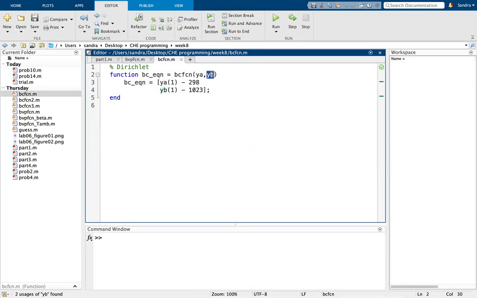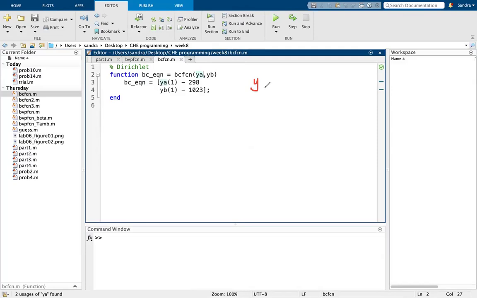But the first variable, YA, corresponds to the first boundary, and YB corresponds to the last boundary, that is the other end of the road. YA and YB, again, will have two entries. This is something that is very tricky. You need to understand that, so let me take some time to explain this.